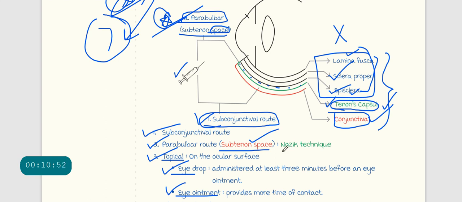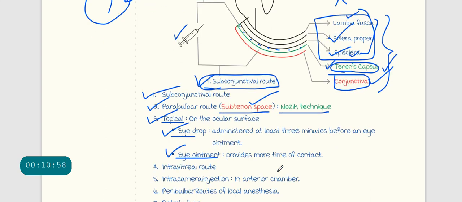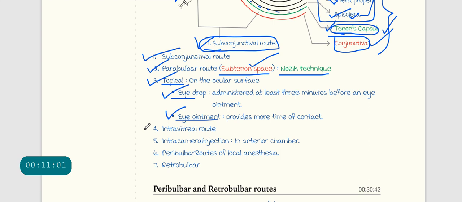Now the fourth route that comes is intravitreal route. So in the vitreous chamber we are going to inject that. The next comes is intracameral injections. So in the anterior chamber of the eye we are going to inject the drug.